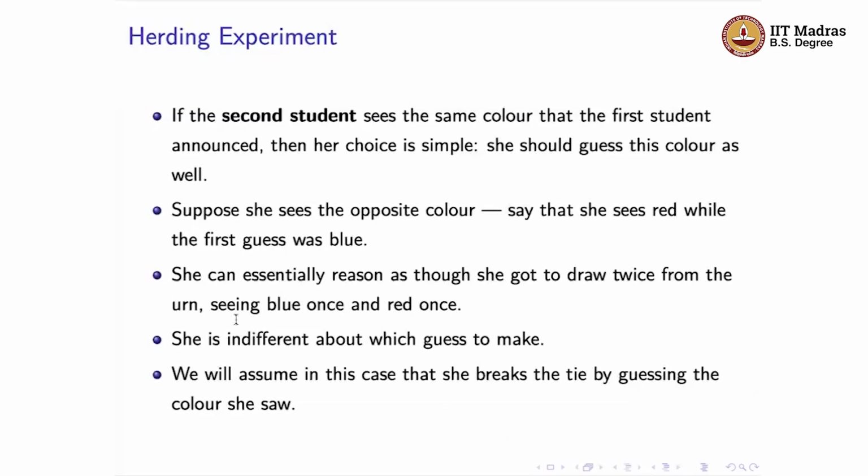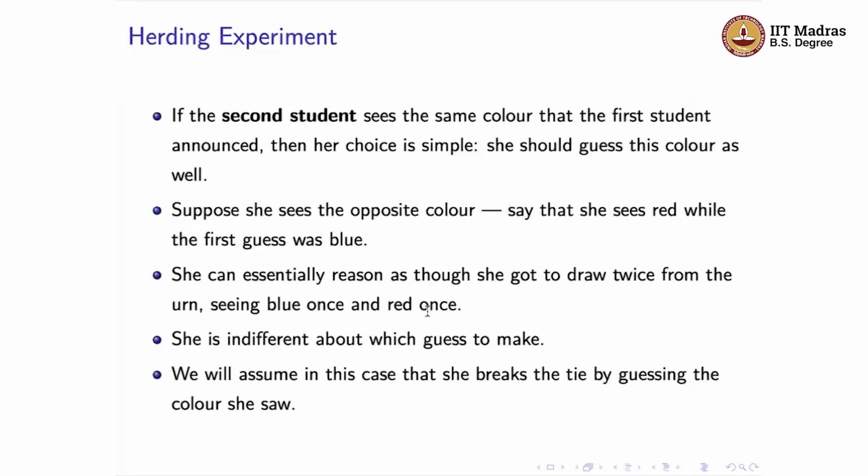So she would reason that she has seen blue once and red once. In this case, given the symmetric nature of the problem, she should be indifferent about which to choose. And we'll assume that whenever we have a situation of indifference, that particular person is always going to announce the color that that person has drawn. Okay, so that's how we are going to break the tie.